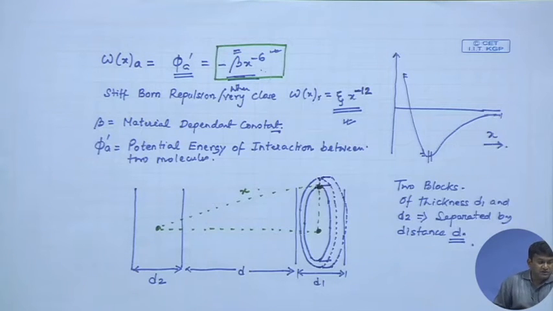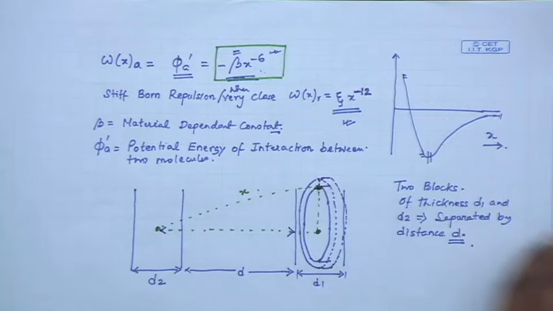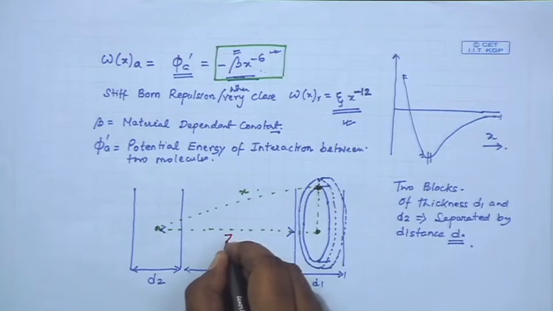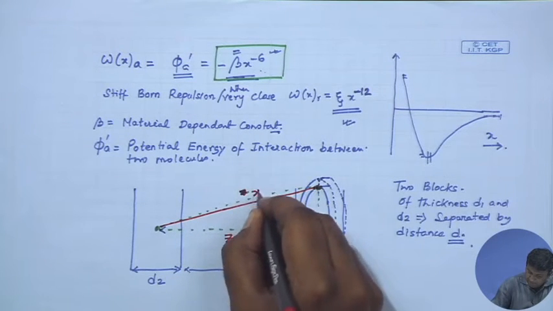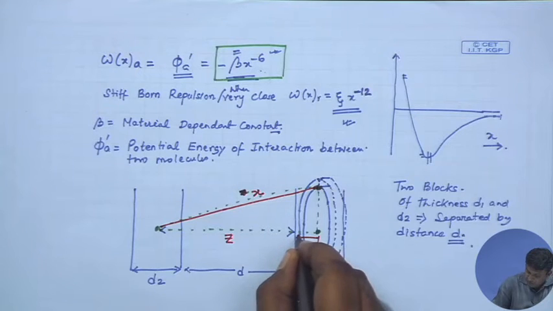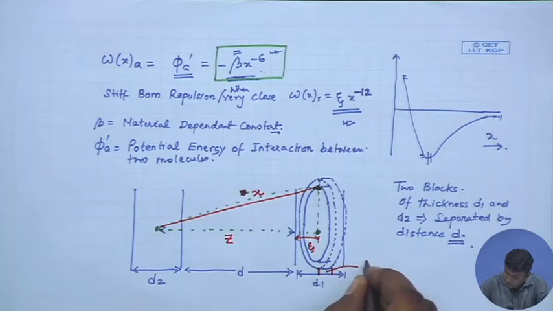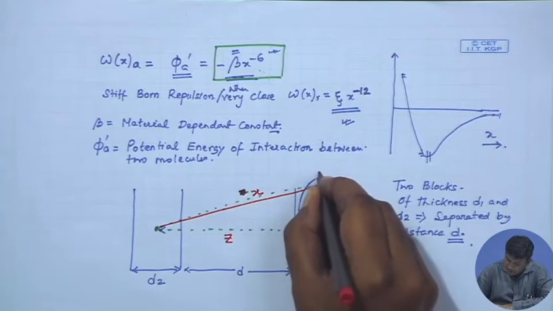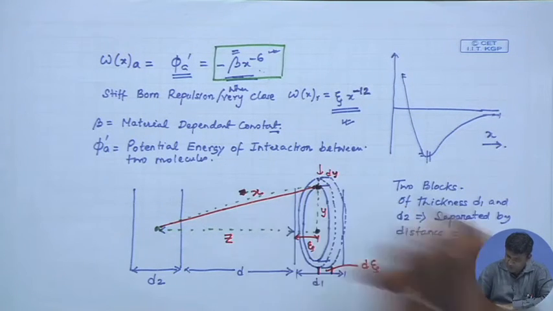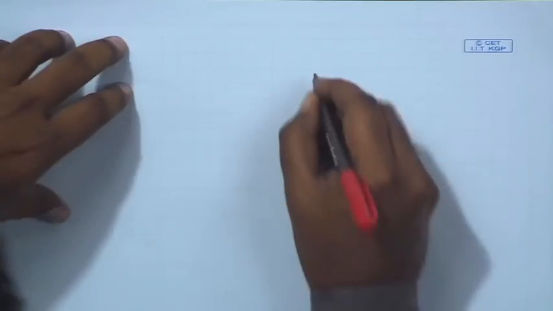Of course, you get a very neat version of the construction in the PPT. What we have from here to here is Z. This, as I already pointed out, is X, and this is zeta. Of course, the width of this block is d zeta. This is y from the center to this, and the thickness of this ring is dy. I will just quickly redraw this part of the picture.